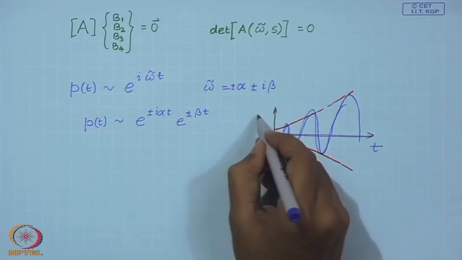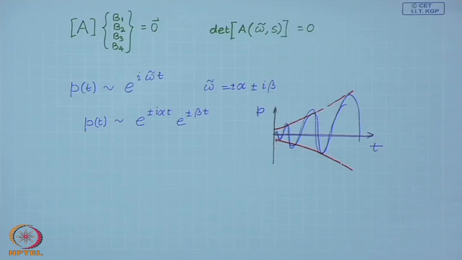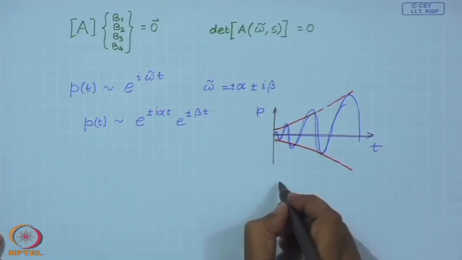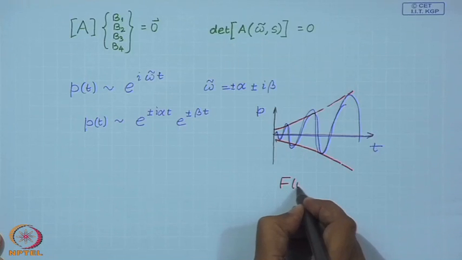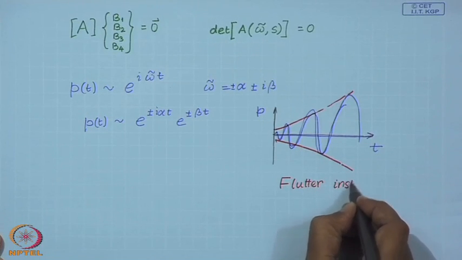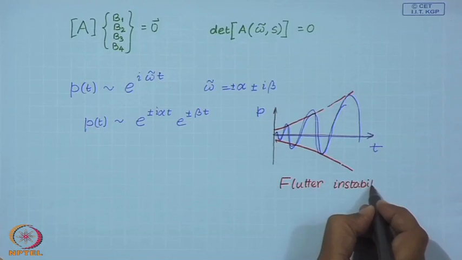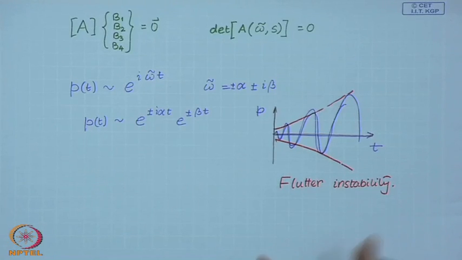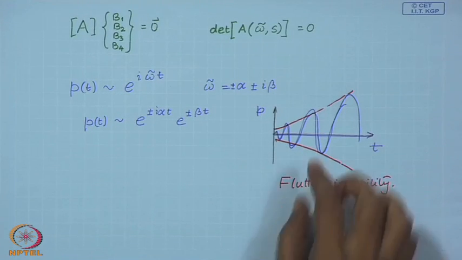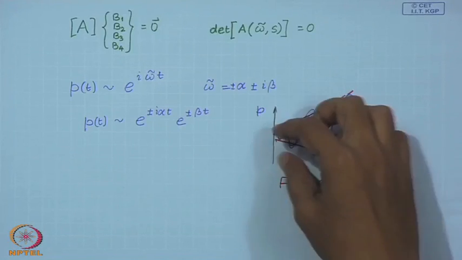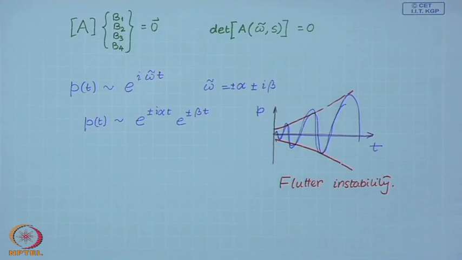This is t versus the displacement. This kind of behavior is known as flutter, and we observe flutter instability in beams with follower force. So, there is a fluctuation with exponentially varying amplitude.